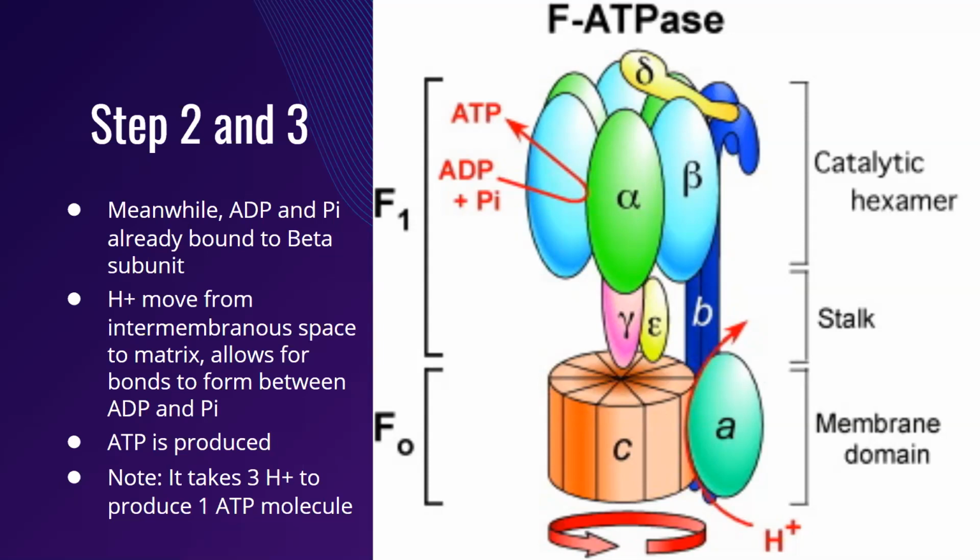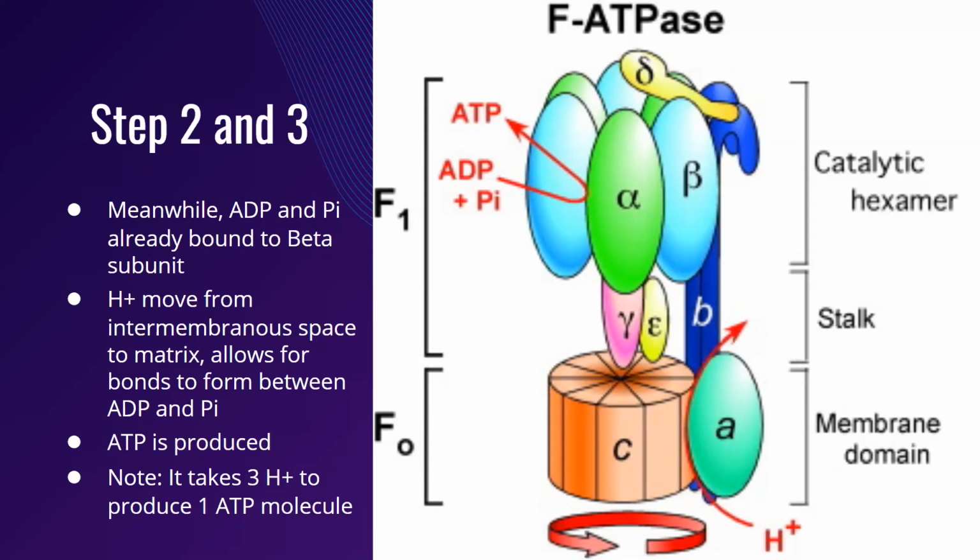This is a really complicated thing that we're not going to get into, the creation of this bond and how exactly the beta conformational change occurs. But you just need to know that it is created through the use of kinetic energy to mechanical energy.